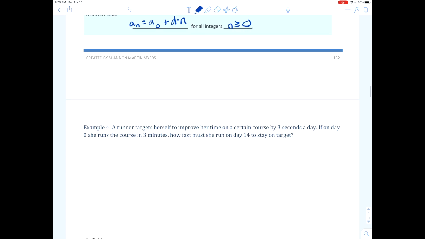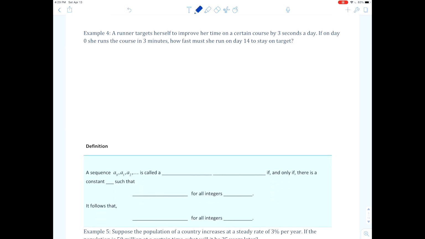So let's look at an example. Example 4, we've got a runner. She targets herself to improve her time on a certain course by 3 seconds a day. If on day 0 she runs the course in 3 minutes, how fast must she run on day 14 to stay on target? So, first of all, 3 minutes is equal to how many seconds?